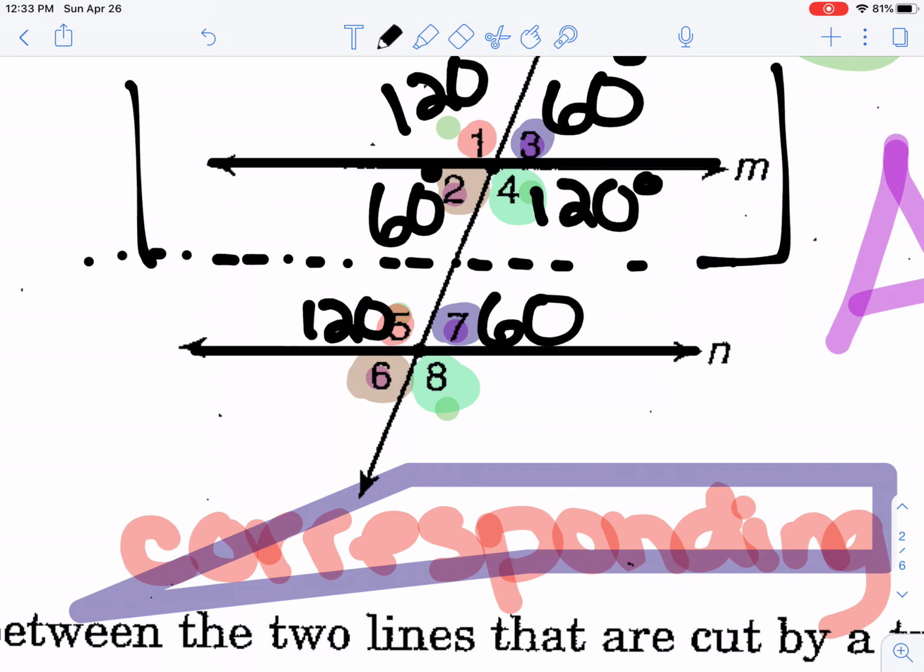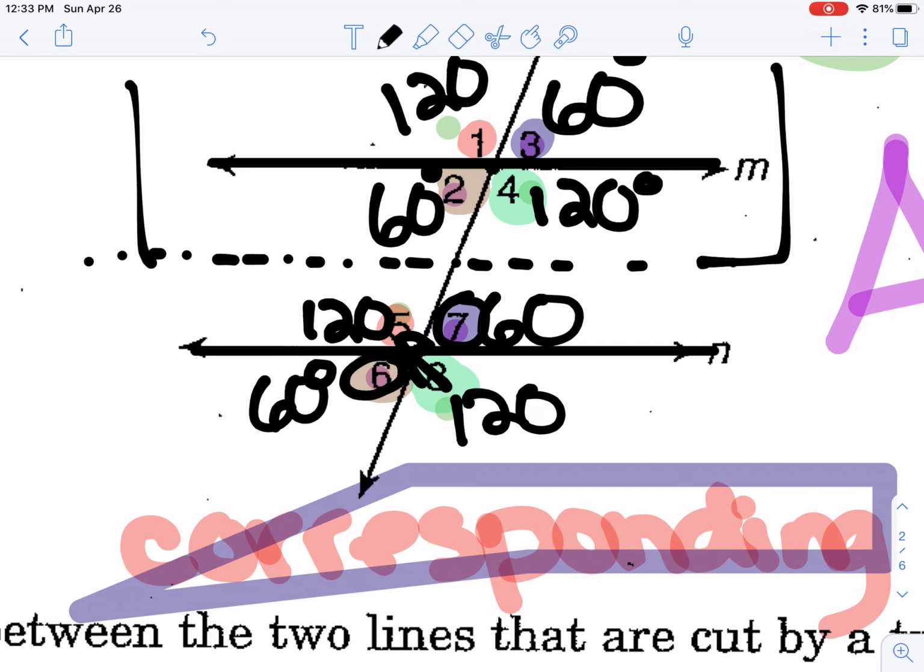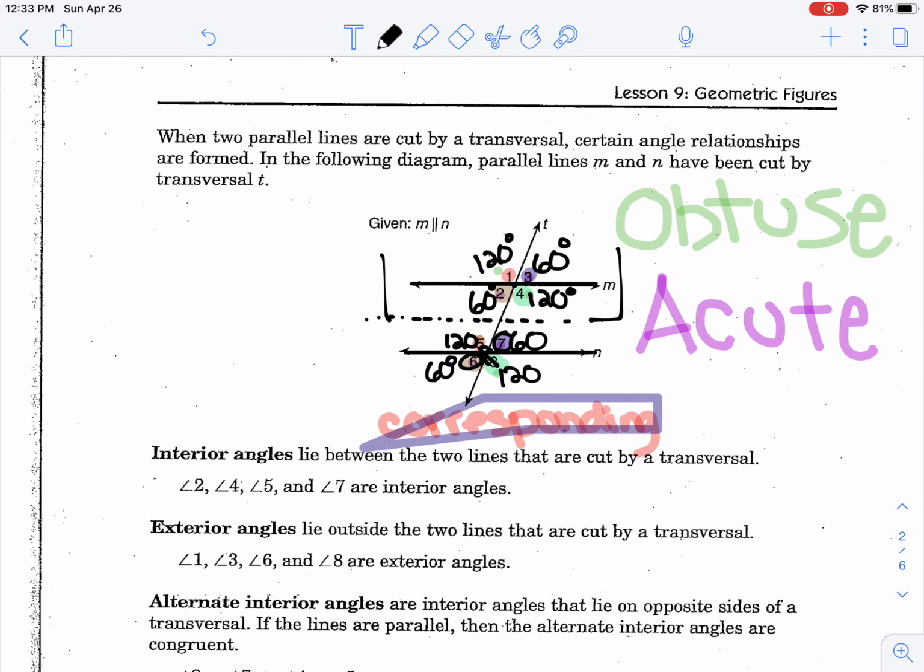So we know 6 is the vertical angle to 7, so it makes 60. Well, 6 and 8 make a straight line also. They're also supplementary, which makes 8 120. Or we could have looked at 5 and said 5 was the vertical angle to 8. So there are many ways to prove whether or not these angles are equal to each other.